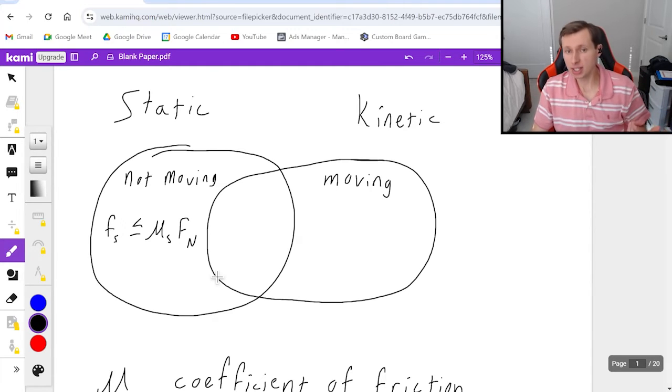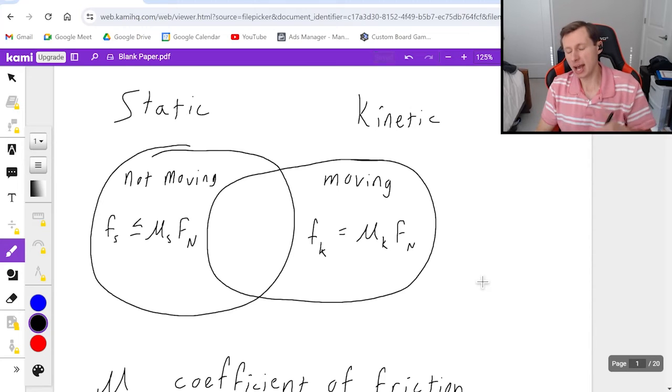The only time it doesn't cancel out is when we're moving, and then we're in the kinetic region where the equation is Fk is equal to mu k times the normal force. Since Fk has an equal sign, you can actually use this equation to solve. With the static friction force, you're not going to be using this equation unless we're talking about the max static friction.